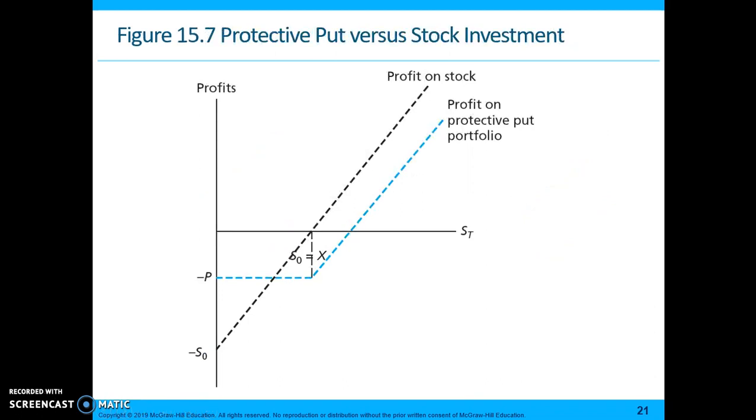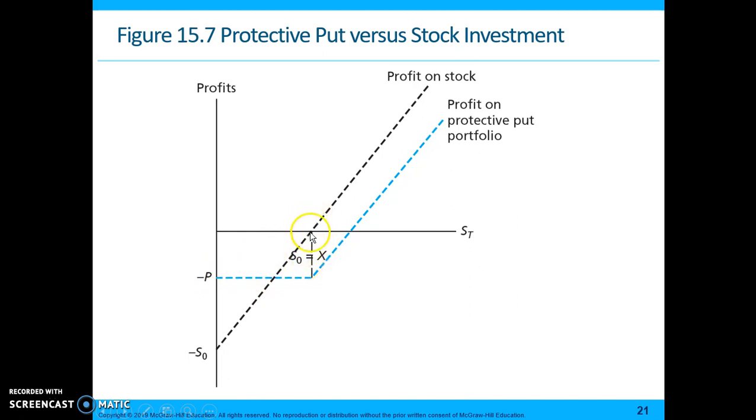If we compare a protective put to just buying the stock, the dashed line is buying the stock. Our profit goes up or down with the stock price. With the put, we're starting out below because we've paid the price of the put, but we've reduced the value of our potential losses, so we lock them in at the strike price.